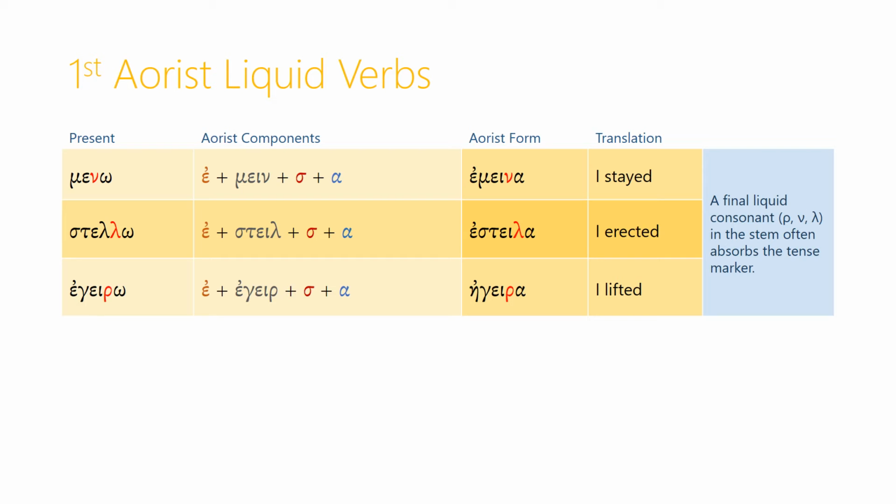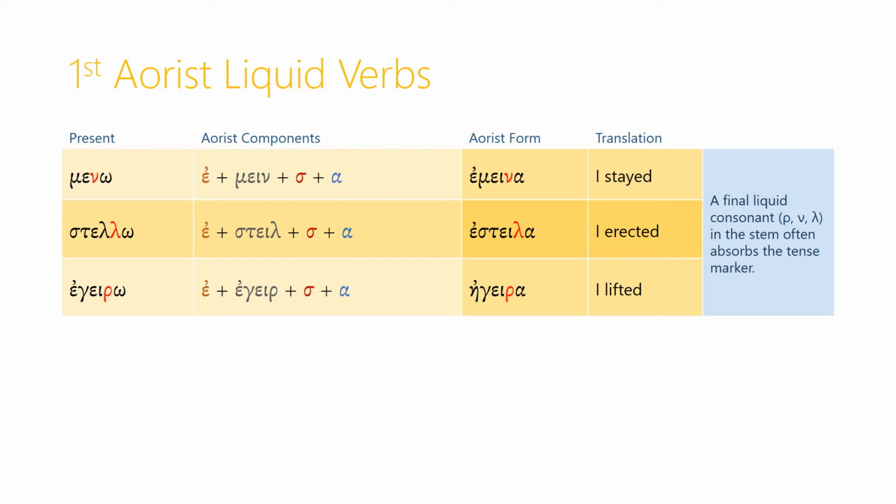So we can make an r sound for a long time, or an n sound with nu, or an l sound with lambda. Those are the liquid consonants. So if the stem ends in a liquid consonant, what happens is that instead of the stem consonant being absorbed by the tense marker, the tense marker is absorbed by the liquid consonant.